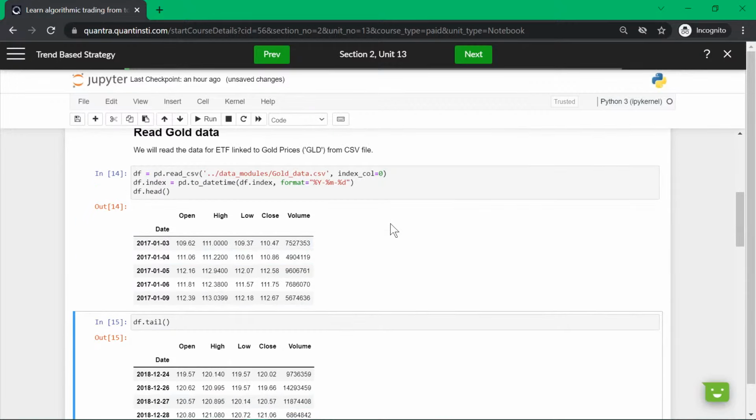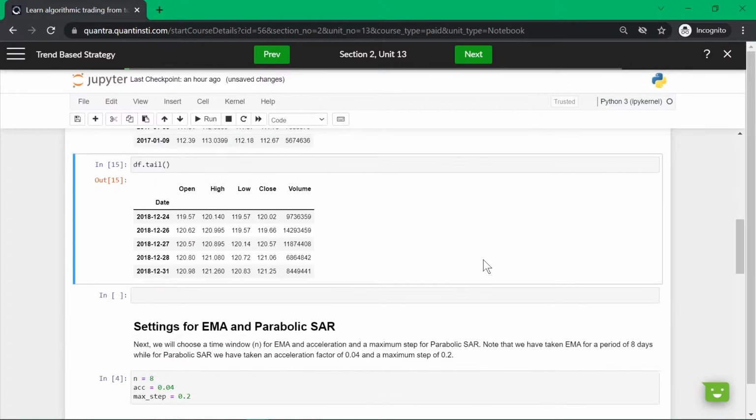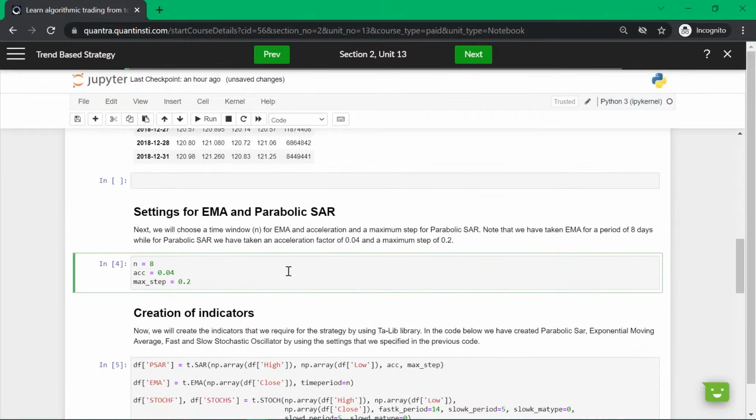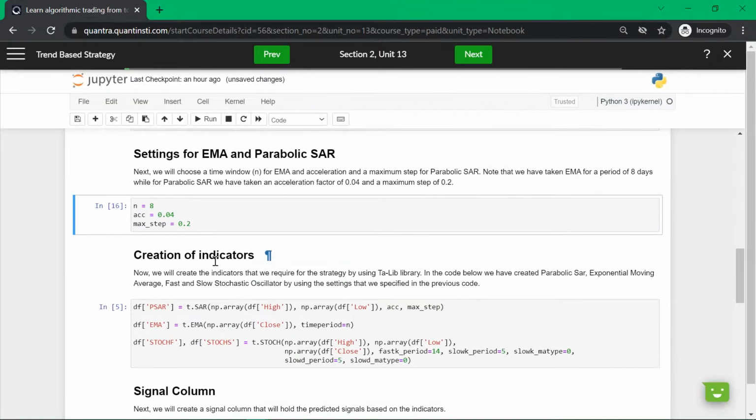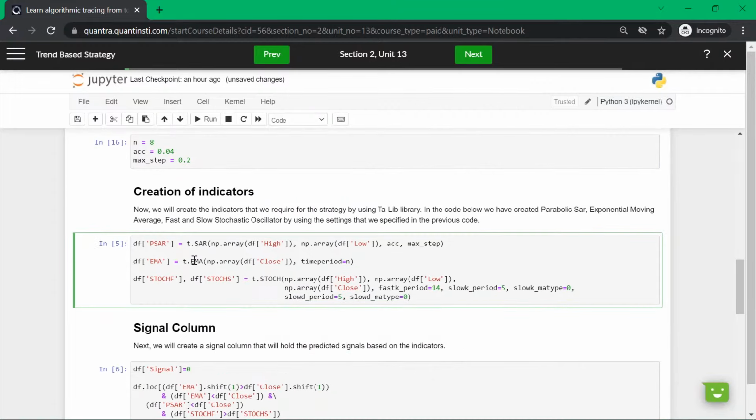We're going to define the trading rules and run the trading rules in this data to understand how our strategy performs. So let us set the parameters for the technical indicators we have selected. And here is where we are defining the technical indicators. So we are using a Python module called TA-Lib, which will help us easily design these technical indicators.